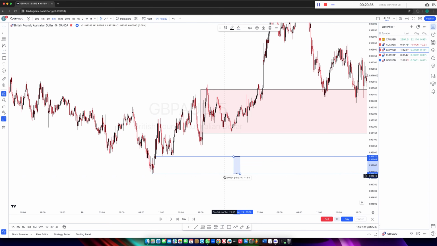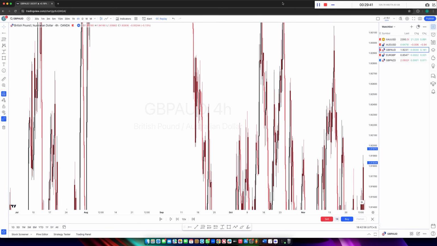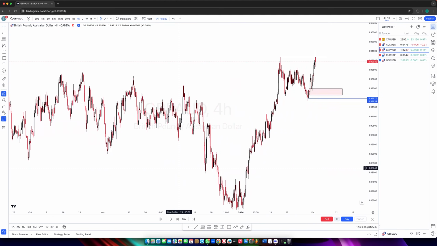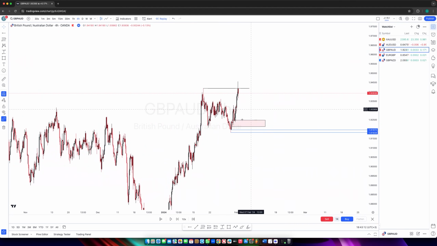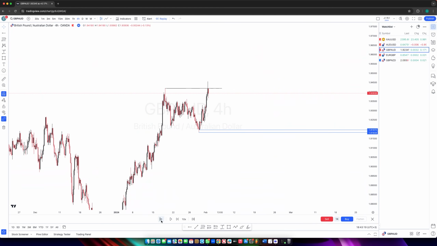So you can use that as your entry, and when you go back maybe to the highest time frame, you see we started by using this structure, and that is how you have to trade liquidities.